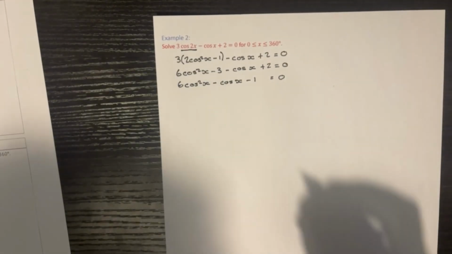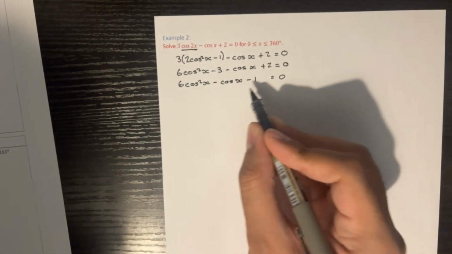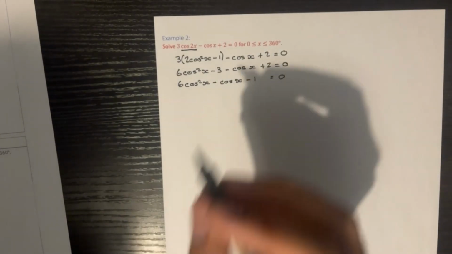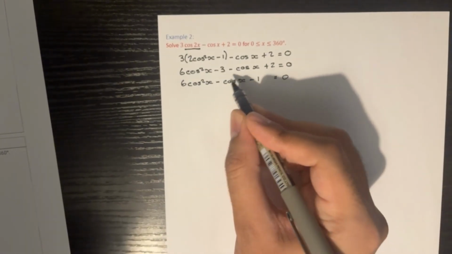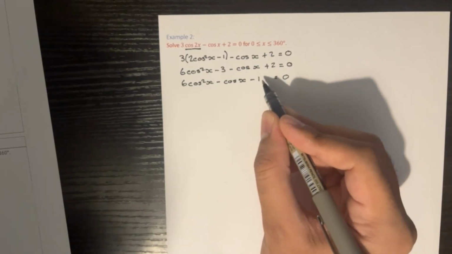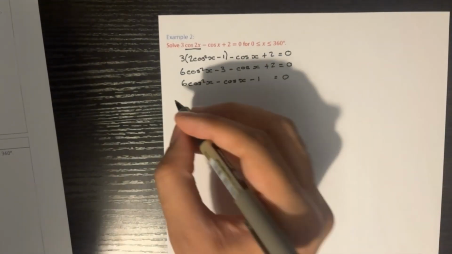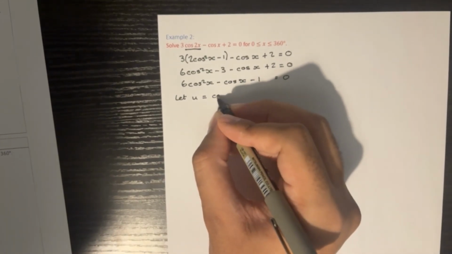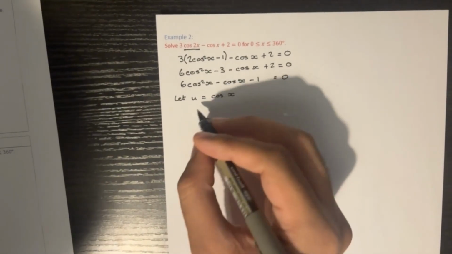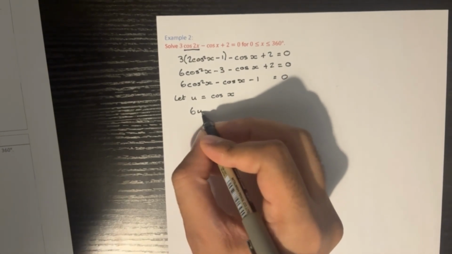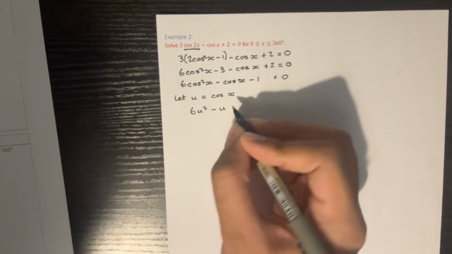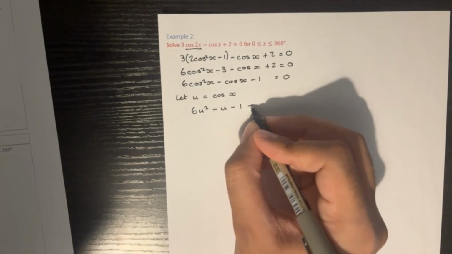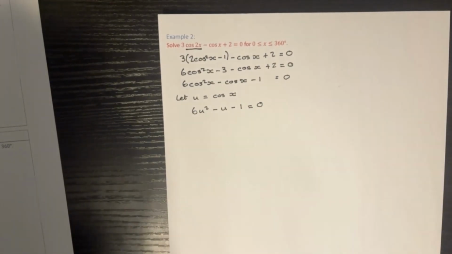And hopefully we can see that we've got this in the form of a quadratic, because we've got cos squared x, we've got cos x, and we've got a constant term equal to 0. So I can let u equal cos x, which means this becomes 6u squared subtract u subtract 1 is equal to 0.